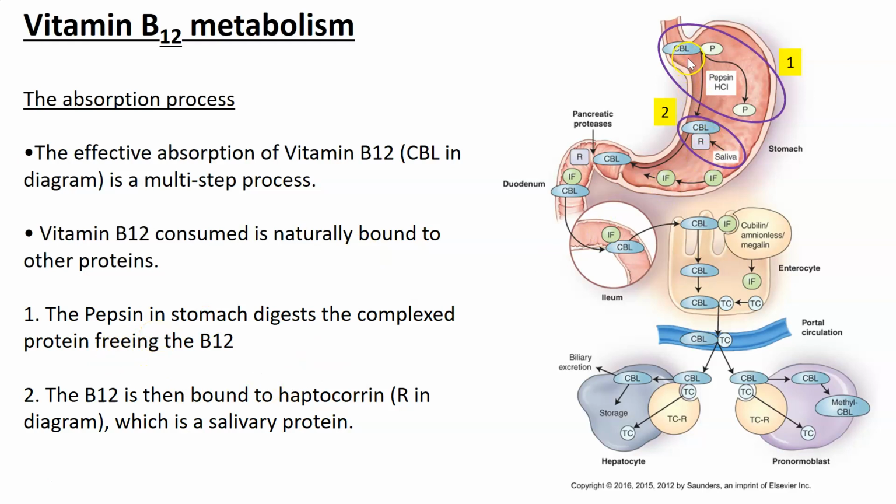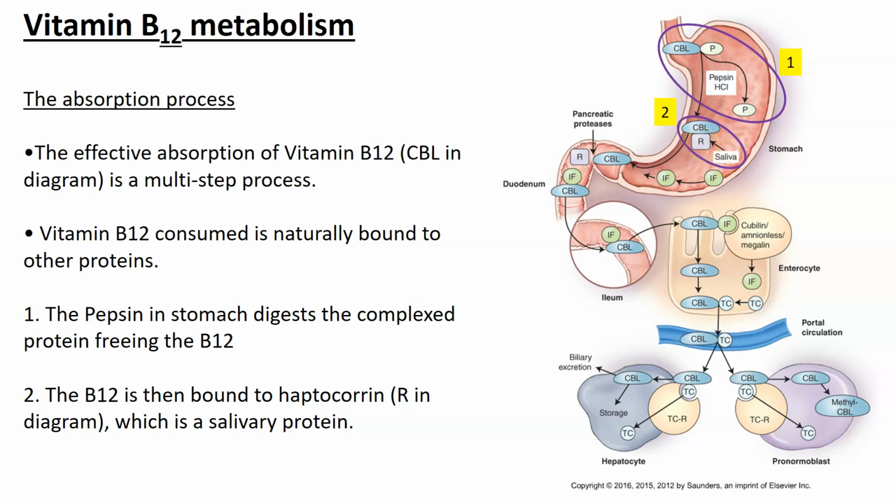Once the vitamin B12 has been detached from its original partner, it then becomes bound to another molecule called haptocorrin. It's R in the diagram, so this is haptocorrin. It originates from the saliva.